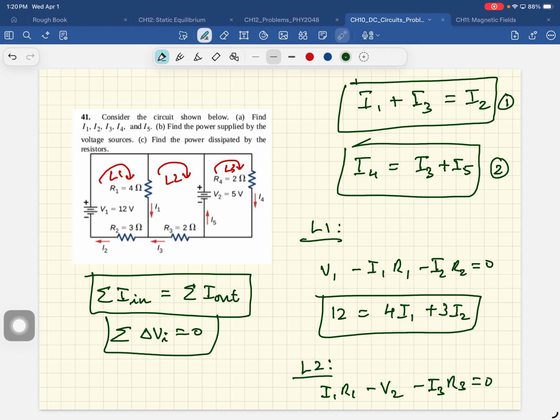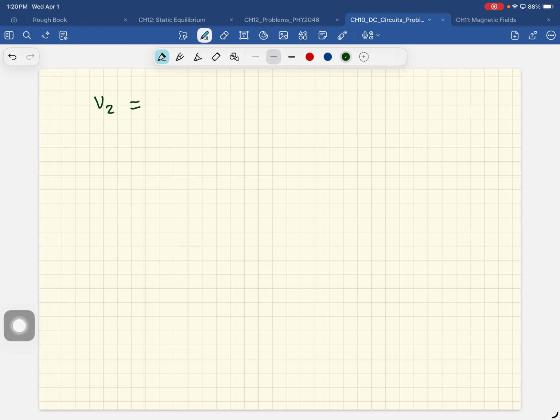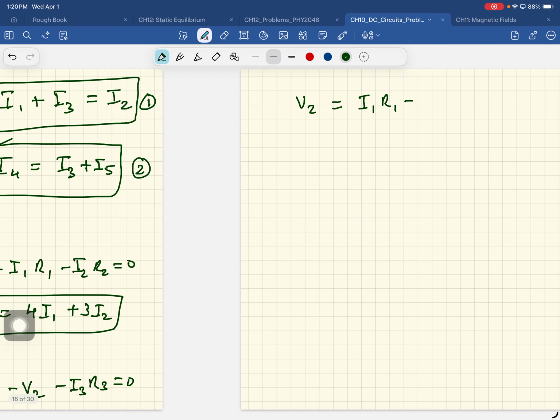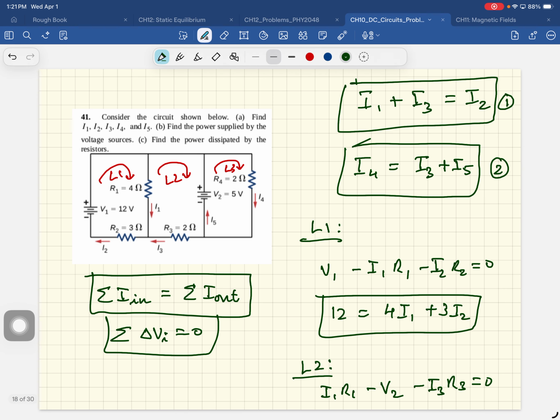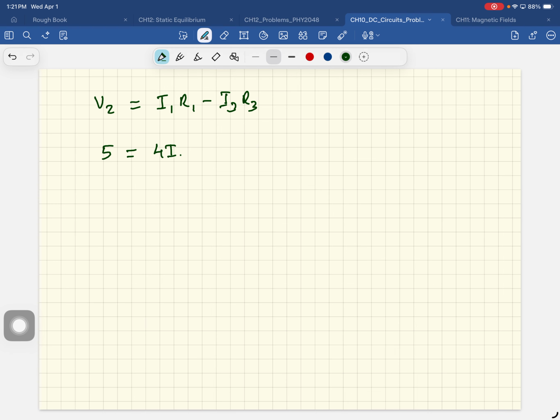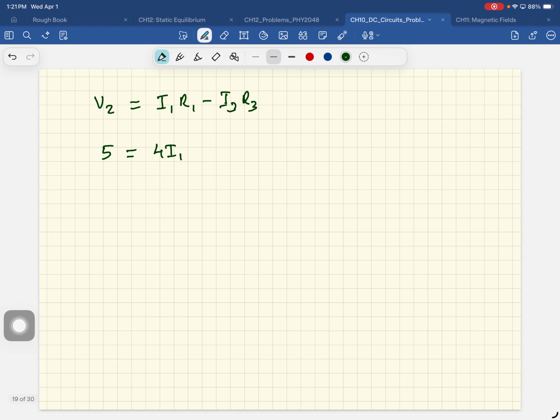So loop 2 gives you, I'll bring V2 on that side, V2 equals I1 R1 minus I3 R3. V2 is 5 volts, I1 R1 is 4 I1, R3 is 2 ohms. There's equation 4.